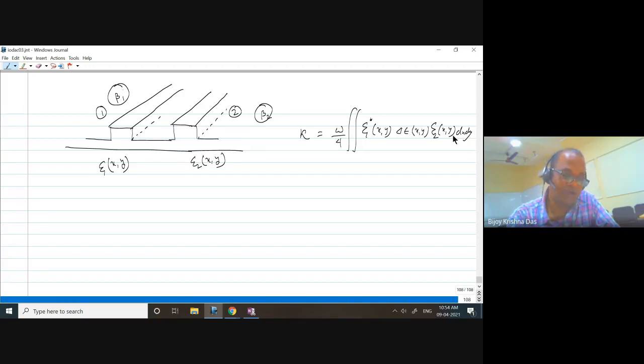We should not forget that whenever I am talking about E1(x,y), I am solving E1(x,y) assuming that the second waveguide was not there at all, infinitely extended like this. And similarly, when I am calculating E2, I am assuming that the second waveguide was present, but the first waveguide was not there.